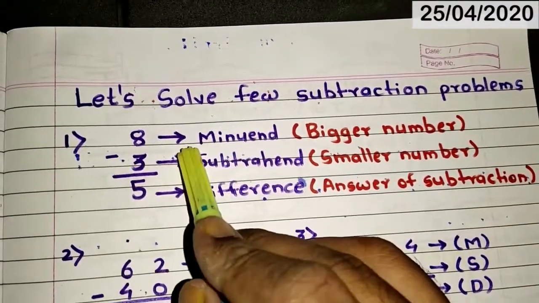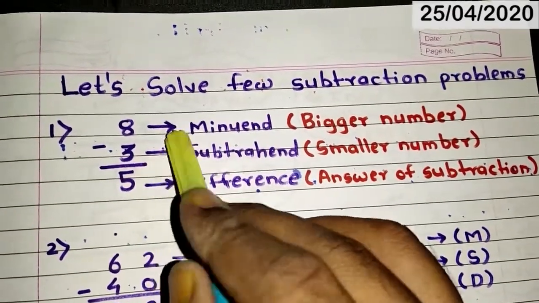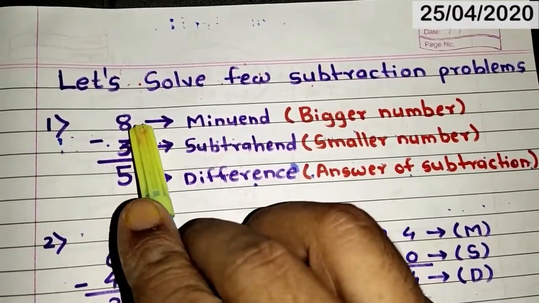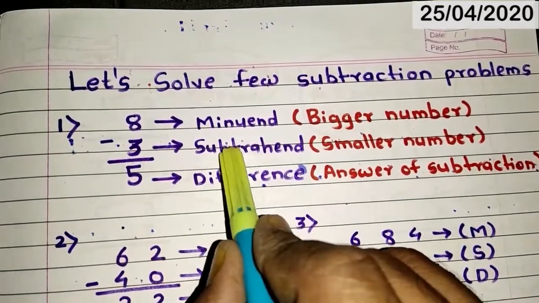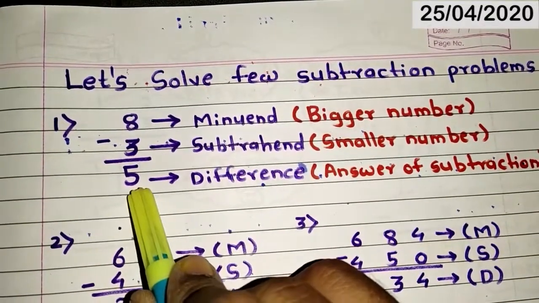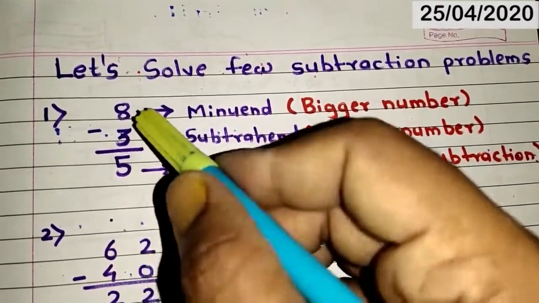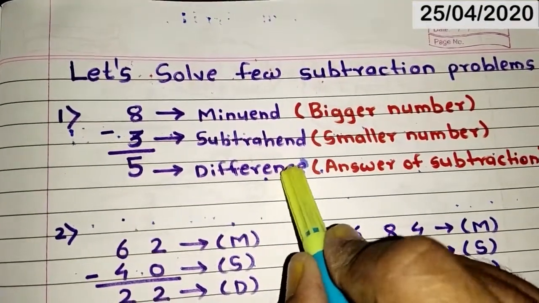First we will take a small example, 8 minus 3. Now 8 is the bigger number, that's why we call it minuend. Then 3 is the smaller number, we call it subtrahend. Now the 5, what is 5? It is the answer of our subtraction, and the answer of subtraction is called difference.